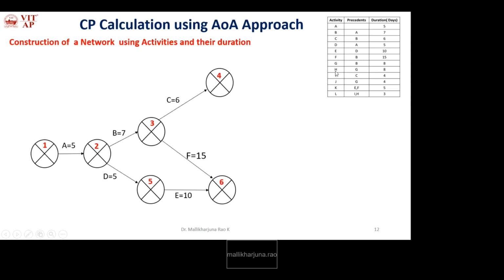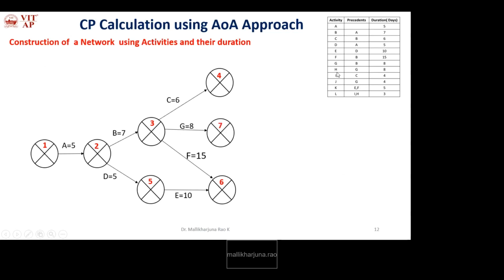Okay, the next event is G. G starts after B. B is ending alone, so no issue, directly we can represent. And G is the predecessor for J, ending alone, so no issues. So the start event for G is 3, end event is 7.